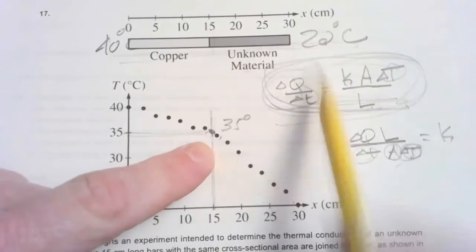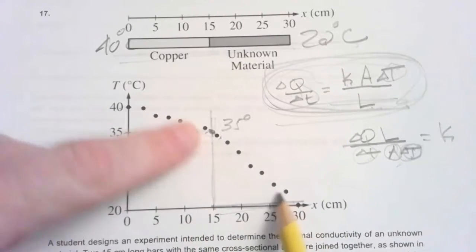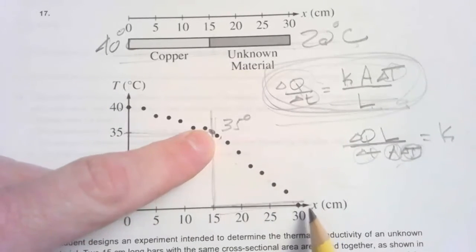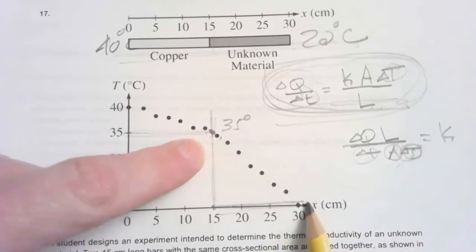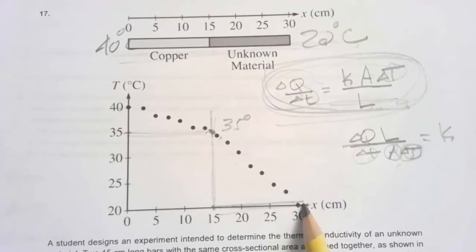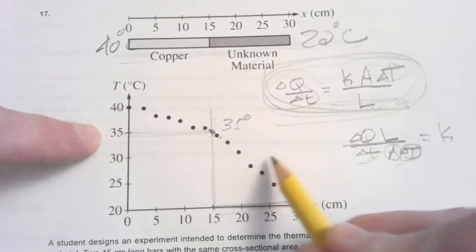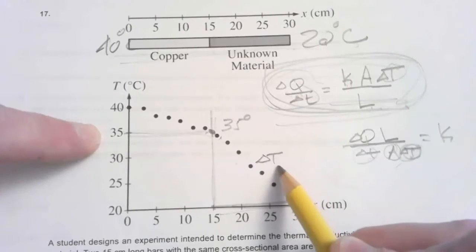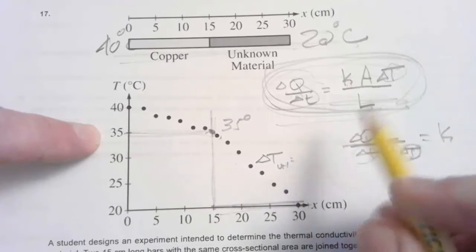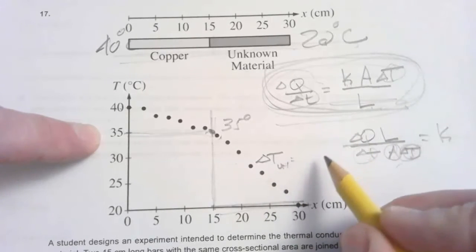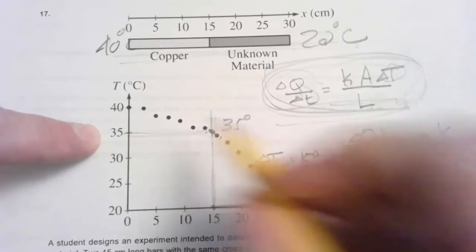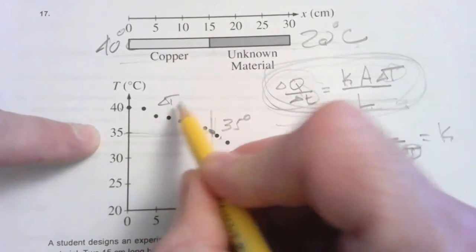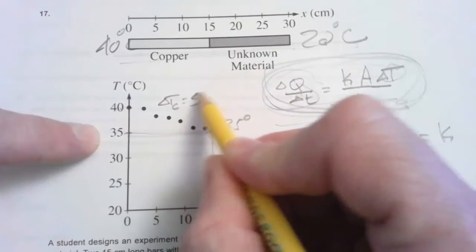The delta T for the unknown material, this half of the thing, is 35 down to 20. So delta T for the unknown is 15 degrees, whereas delta T for the copper is just 5 degrees.